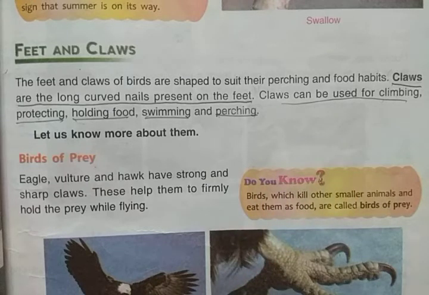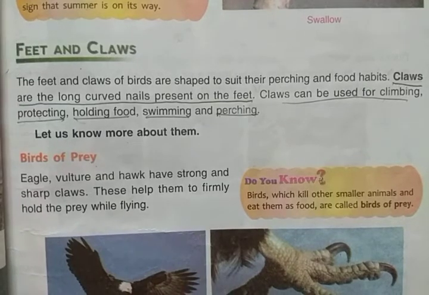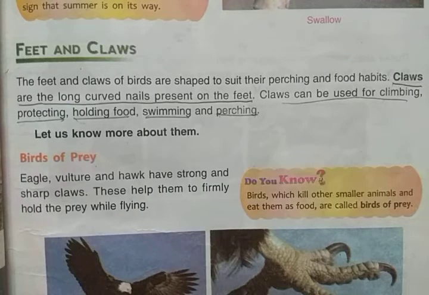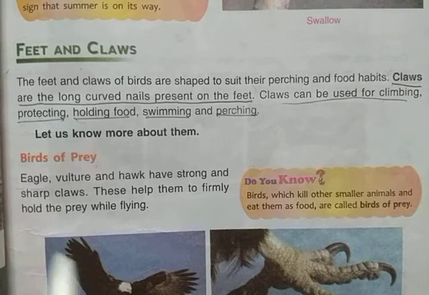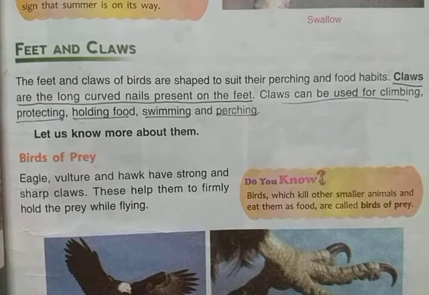And the feet and claws of birds are shaped to suit their perching and food habits. जैसे birds की beaks food habit पे depend करती थी, similarly the feet and claws also depend on the perching and food habits. So these are some questions which can be made from this lesson.